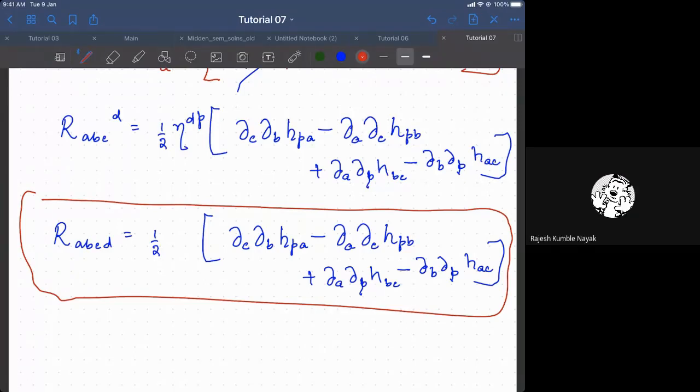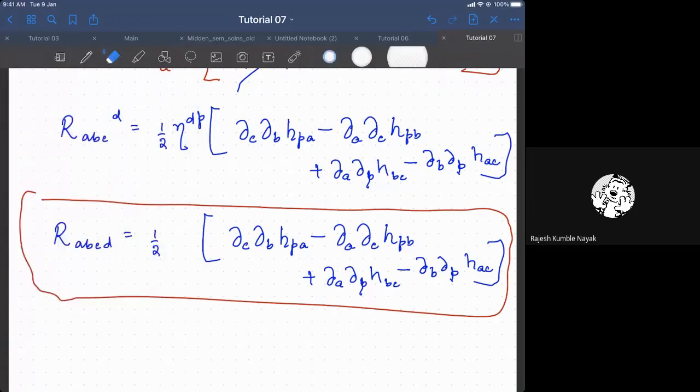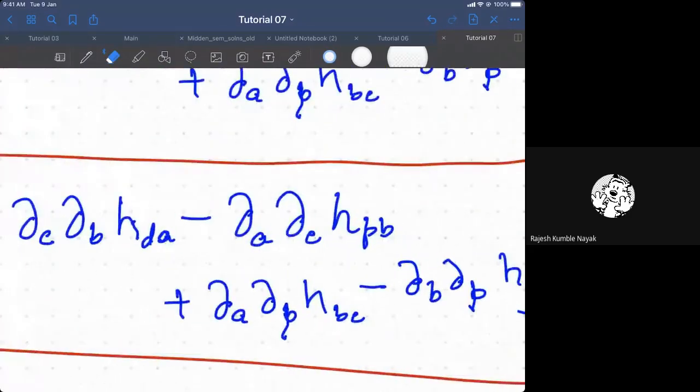This variable P has to be replaced by D. So this has to be h_DA, and then this has to be D. You can do it explicitly, I am a bit lazy now.